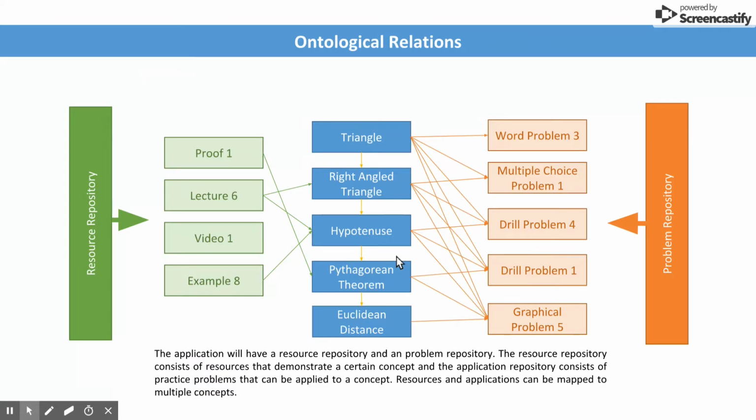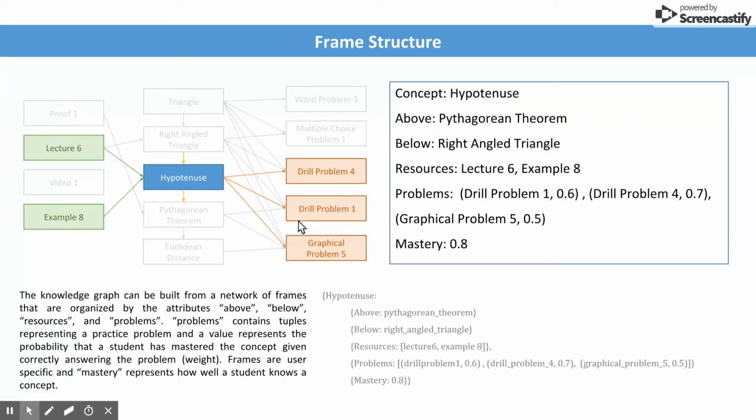So this is just a representation of how everything sort of works together. For example, a certain concept can relate to multiple problems, or can rather apply to multiple problems, and many resources can teach you about a concept. So since that's just a whole mess of arrows, let's look at it in this context.